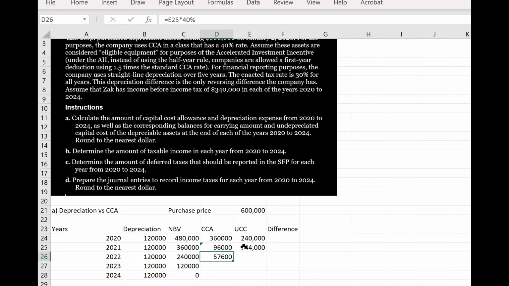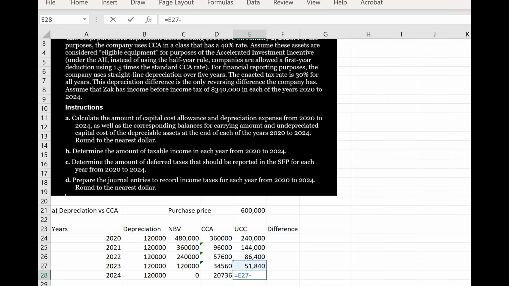Closing UCC is opening minus CCA for the period, and it continues on like that.